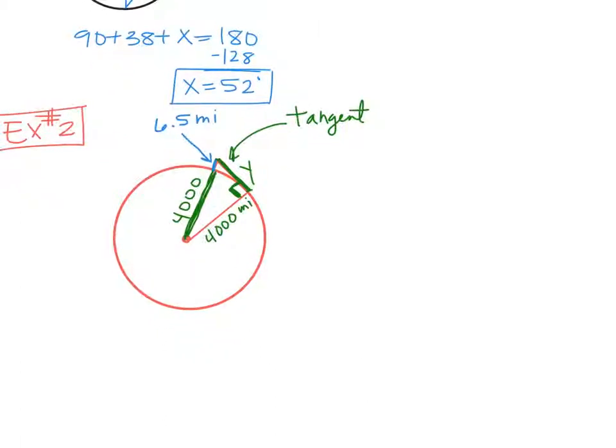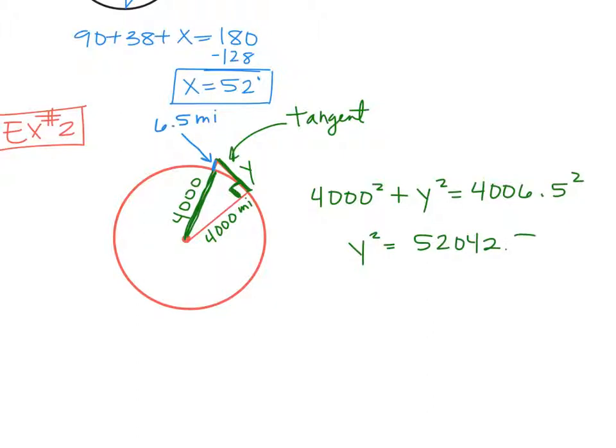So we're going to do 4,000 squared plus y squared. And then your third side would be 4,006.5 squared. So when you simplify that, you get y squared equals 4,006.5 squared minus 4,000 squared.